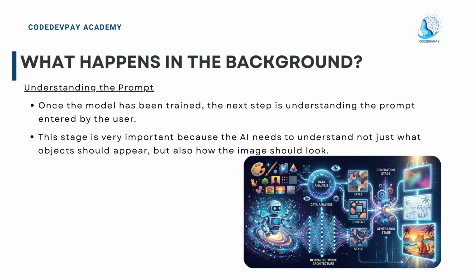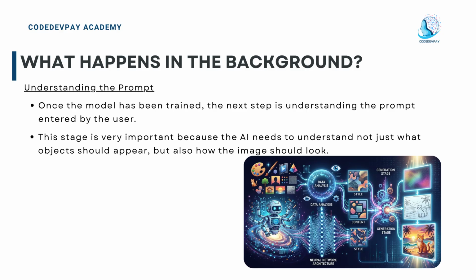When you feed this prompt into your AI, the AI will try to break the prompt into meaningful instructions. It may interpret the prompt as the main subject being the robot, the setting being the classroom, the style being 3D illustration, the theme being futuristic, and the lighting being bright.